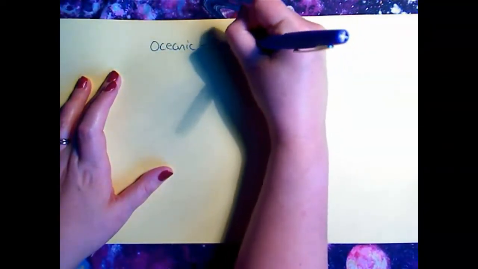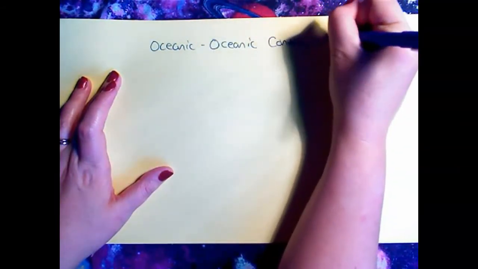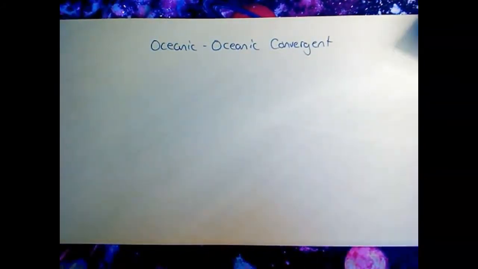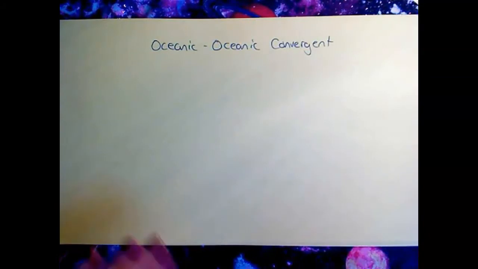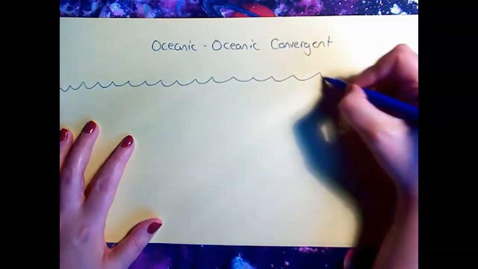So the second thing we want to look at is what is going to happen if we have two oceanic plates coming toward each other and converging. So this would be oceanic convergent. And all of this is going to happen where? You guessed it, underwater. So let's go ahead and I'm going to draw my pretty little ocean line.